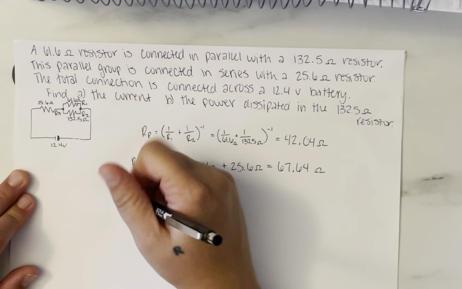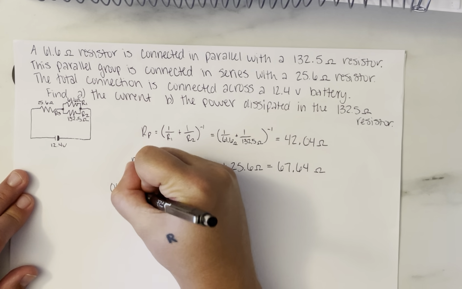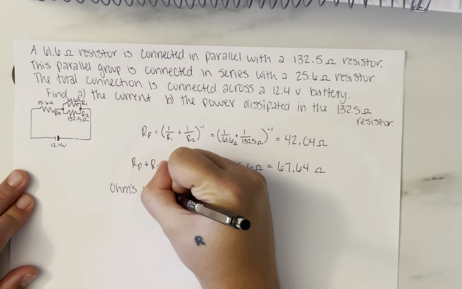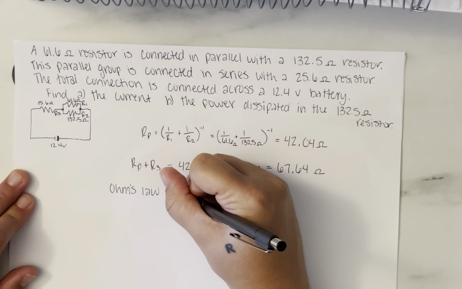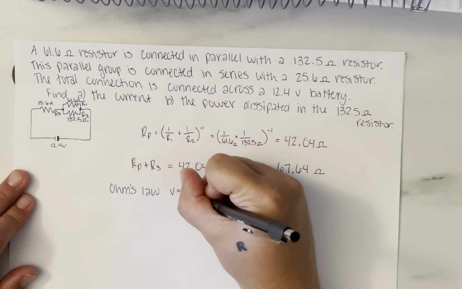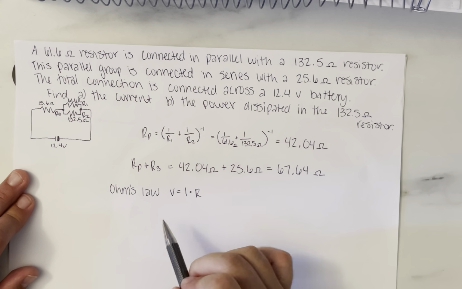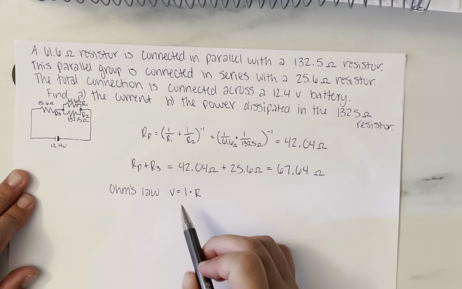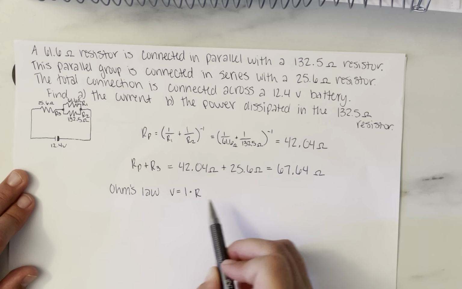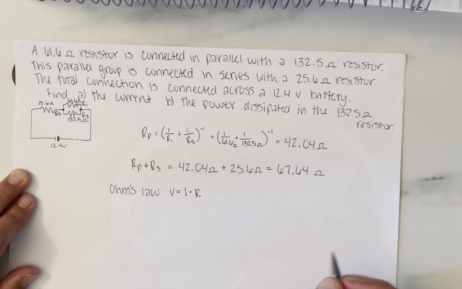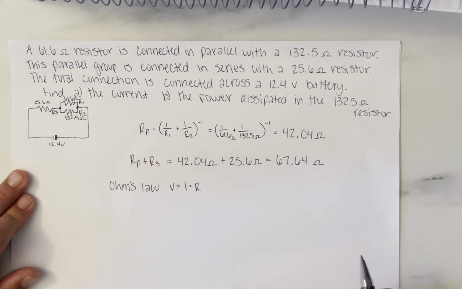And so now we can use Ohm's law, which says that the voltage is equal to the current times the resistance, with voltage in volts, current in amps, and resistance in ohms for the units there.